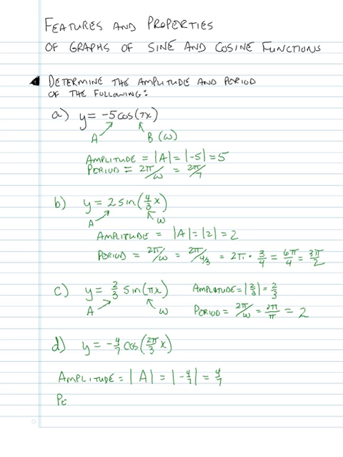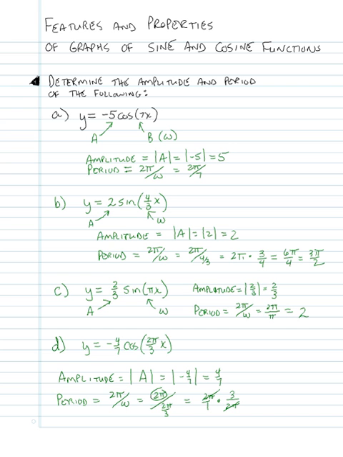Now the period, again, is pretty straightforward. The period is 2 pi divided by omega. In this case, omega is a fraction that is 2 pi over 3. And so we have to do a little bit of work here with 2 pi. I guess the 2 pi we have here is like over 1, and we're multiplying by the reciprocal of our divisor, which is 3 over 2 pi.